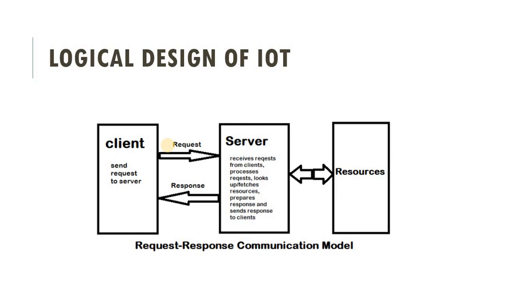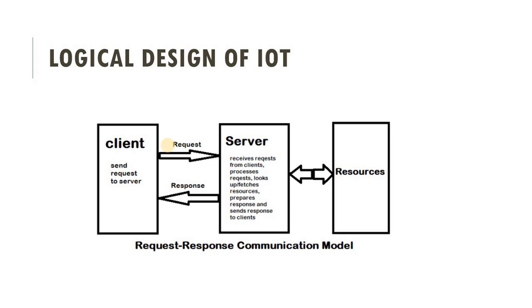The server receives and decodes that request and processes it. If the client requires some service, the server communicates with resources, fetches the required data as per the client request, creates a response, and gives that response to the client.